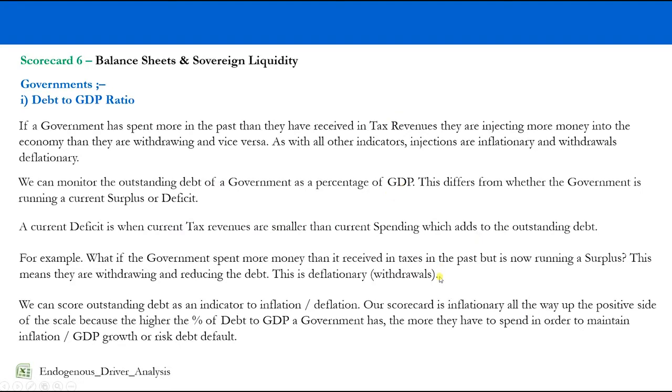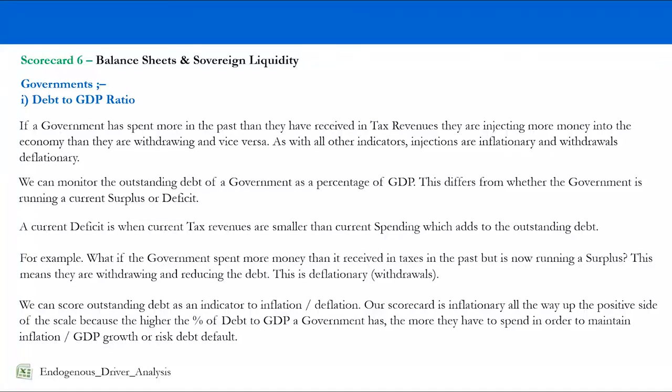So let's look at our first driver. We're going to be looking at, first of all, the US government, and we're going to be looking at the debt to GDP ratio. So before we go over to the endogenous driver analysis spreadsheet, let's have a look at why we actually look at this and how we analyze the debt to GDP ratio and the background to it.